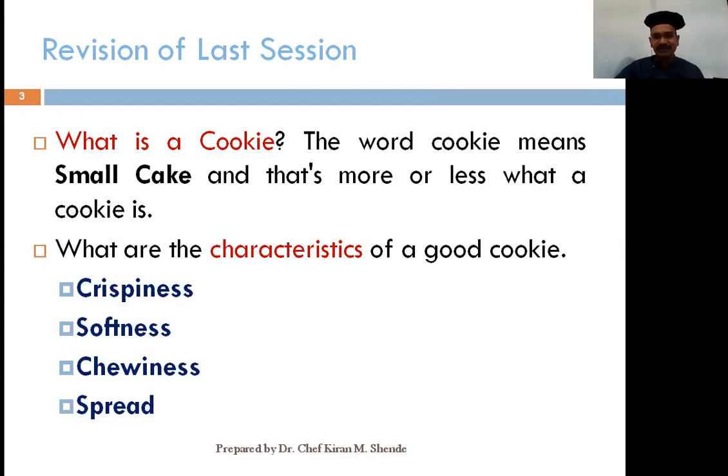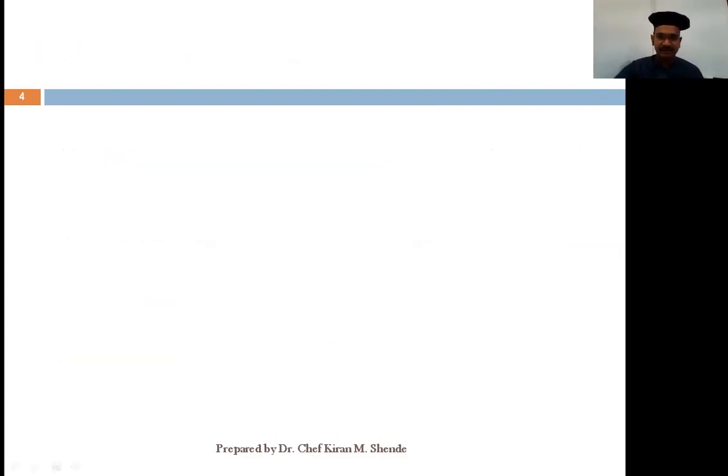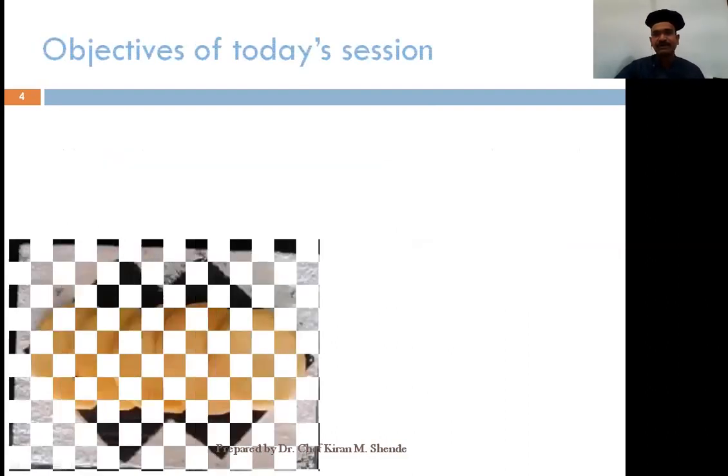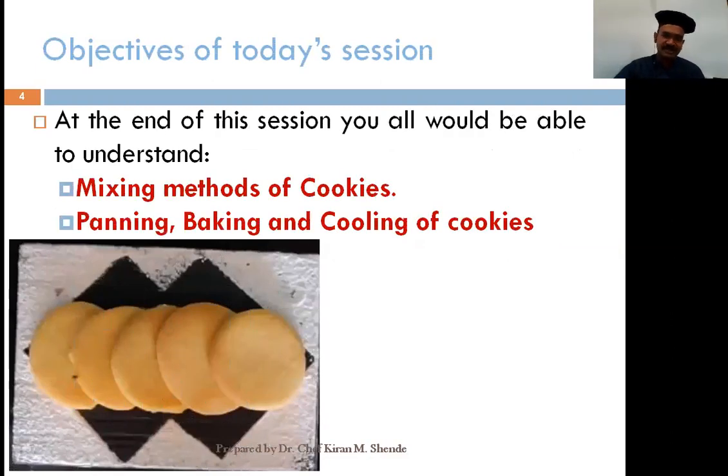Those who have not attended my first class, my humble request to you is to go and visit my first session on cookies, so the connect between these two sessions will happen. Now, let us begin with the objectives. At the end of the session, you will be able to understand various mixing methods of cookies.